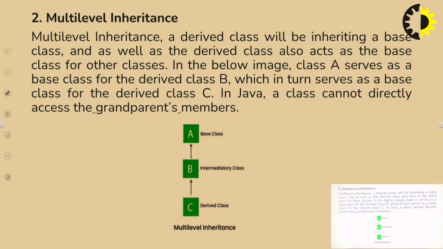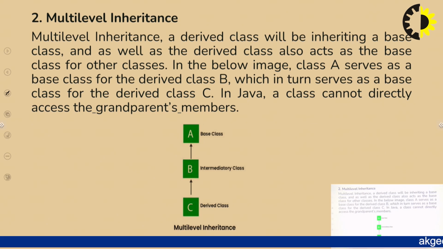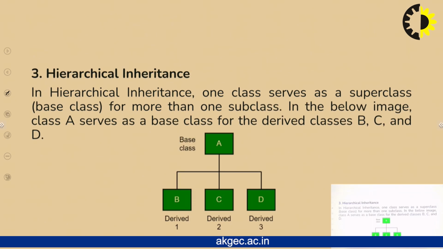In the image, class A serves as a base class for the derived class B, which in turn serves as a base class for the derived class C. Third is hierarchical inheritance.